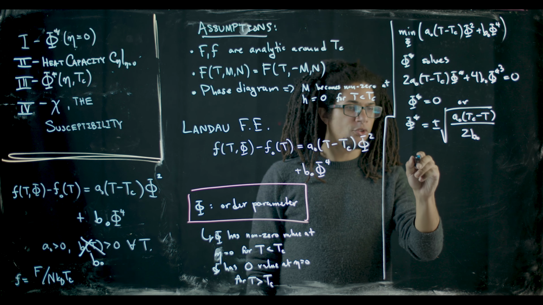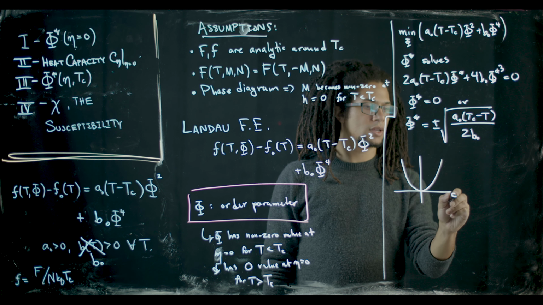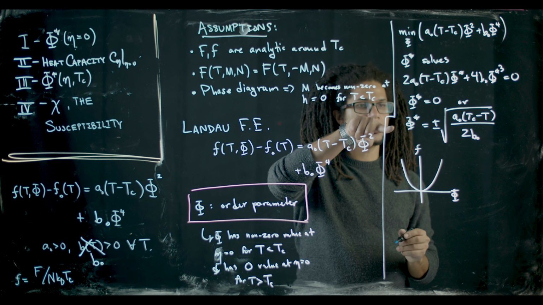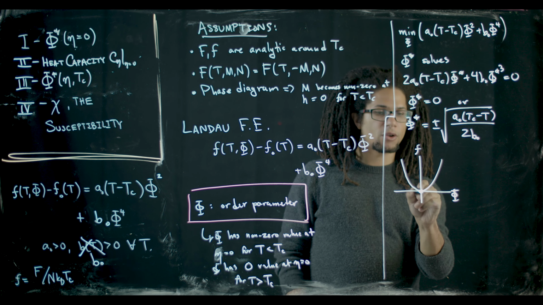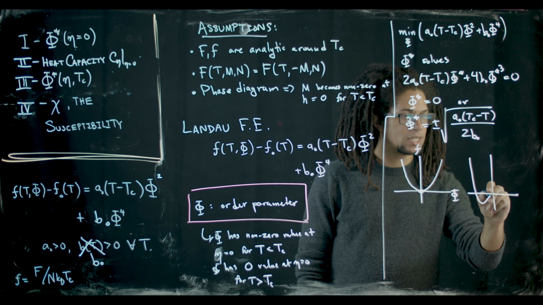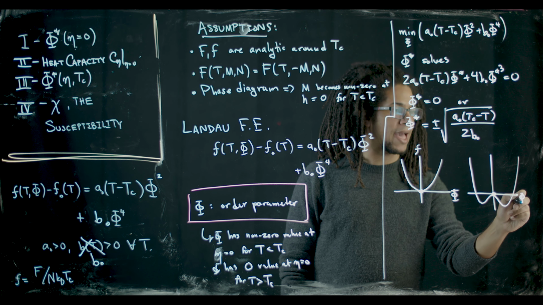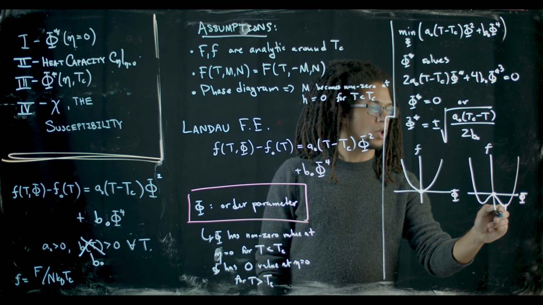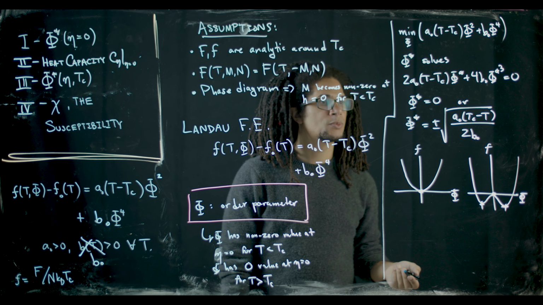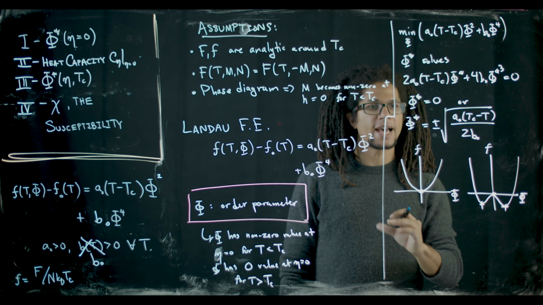Now by our picture before, when t is greater than tc, this point phi equals 0 is a minimum. But when t is less than tc, this point is in fact a local maximum. So the local minima are these two points, which in fact have the same value. So we can't resolve this point about the plus or minus sign, but that's all right.